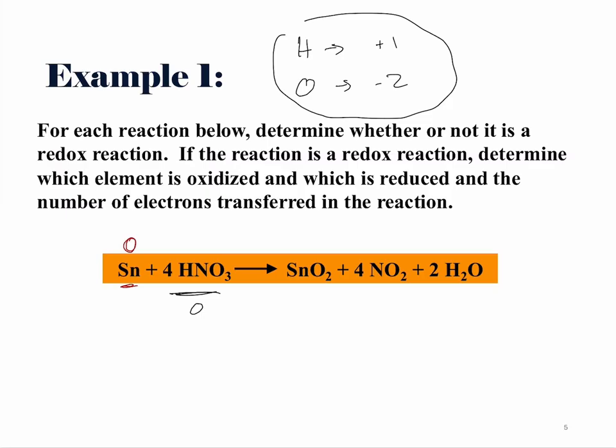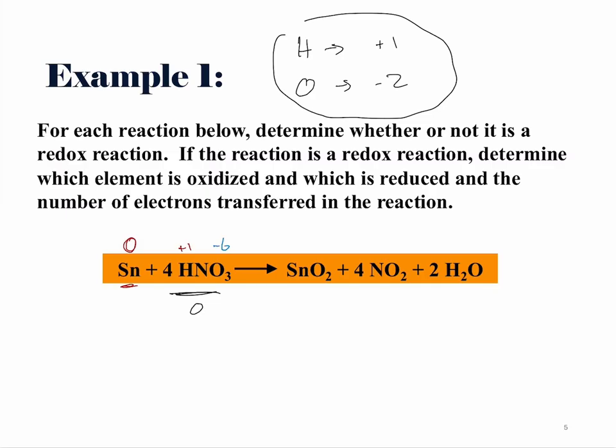So if we have one hydrogen, what's the charge associated with that? +1. And if we have 3 oxygens, what's the charge going to be associated with 3 oxygens in that molecule? -6, right? So overall, for the molecule to be neutral, what does the charge on nitrogen have to be? +5, right?